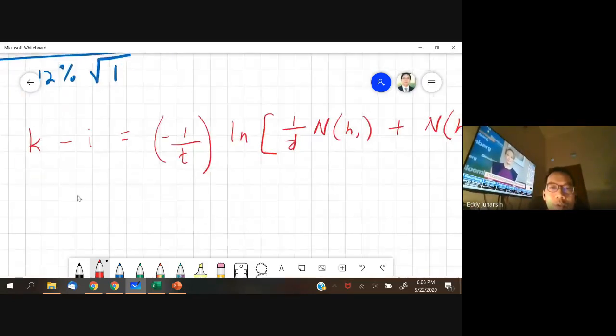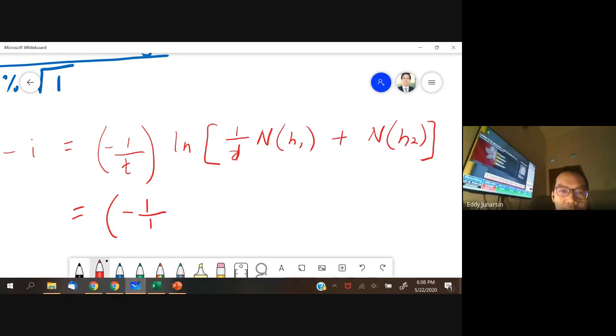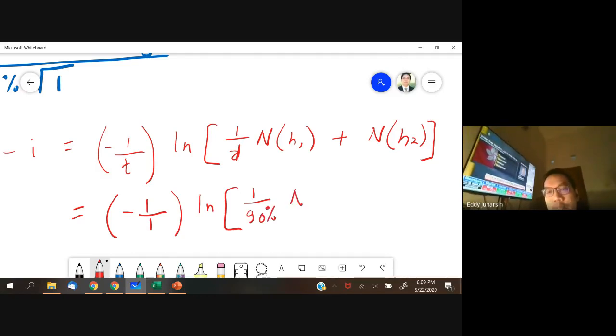So we put in our numbers: equal to -1 divided by the time to maturity, which in our example is 1. Good news, very easy to calculate. Multiplied by the natural logarithm of 1 divided by the debt ratio. In our example, the debt ratio is 90%, and times the, I don't remember, but we'll go back to Excel.